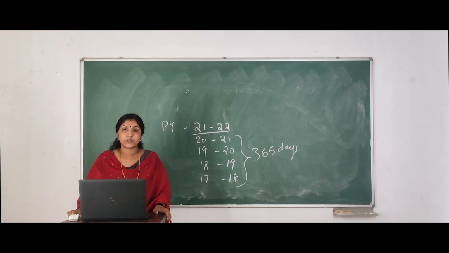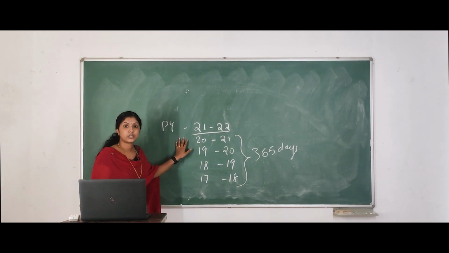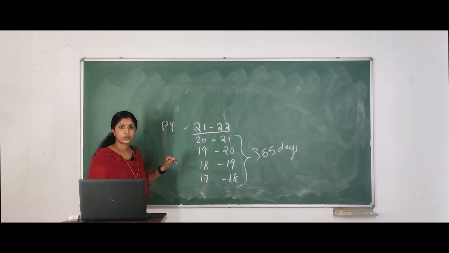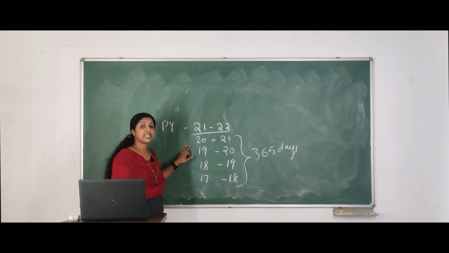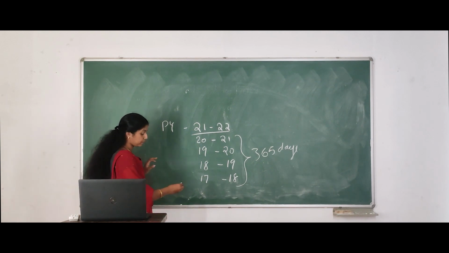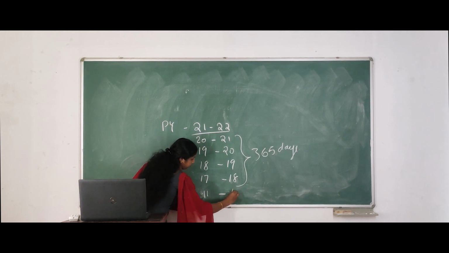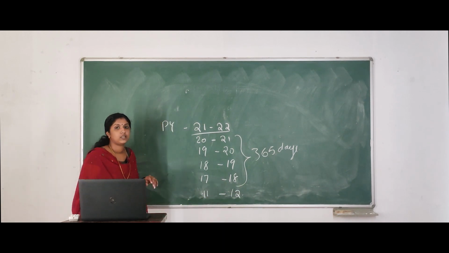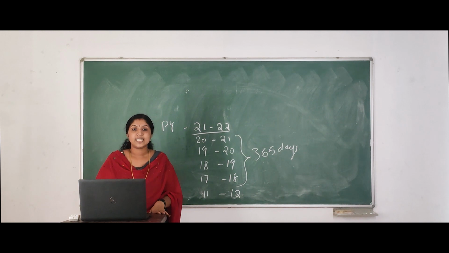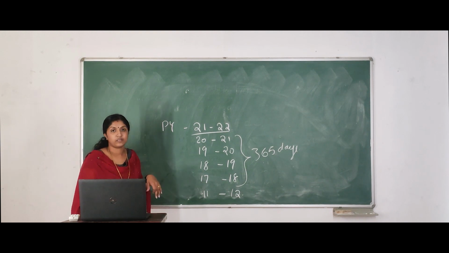We can explain through an example. Here, our previous year is 2021-22. The 10 years preceding the previous year start from 2021 and end at 11-12.